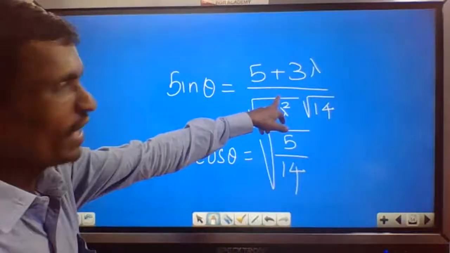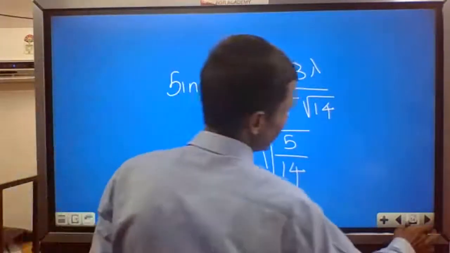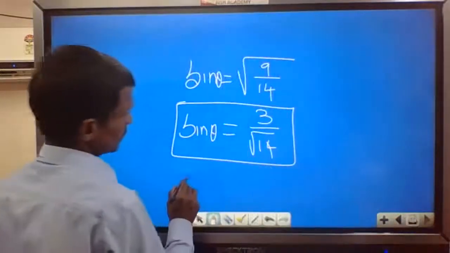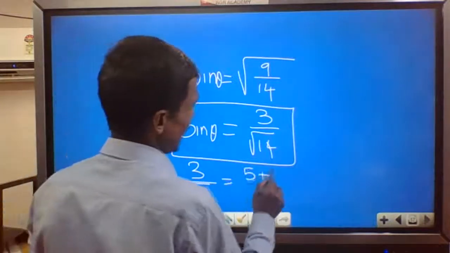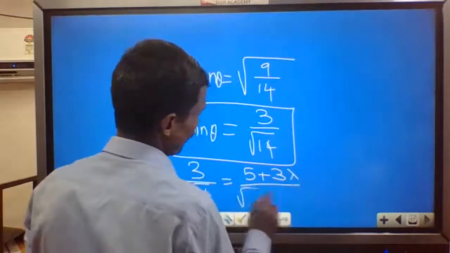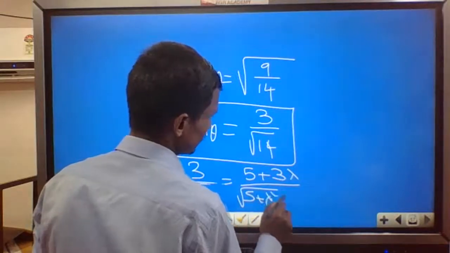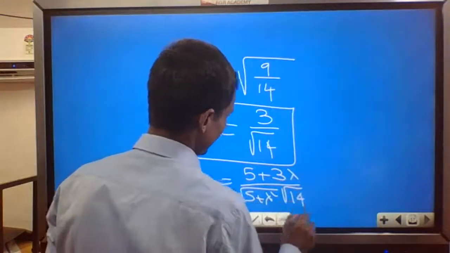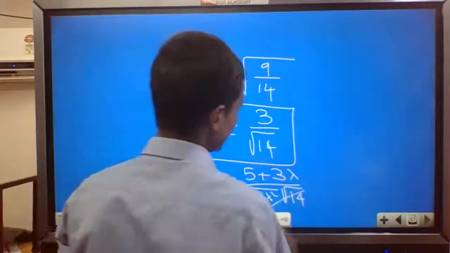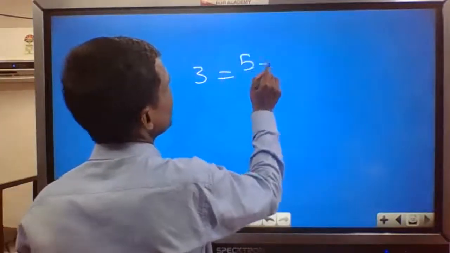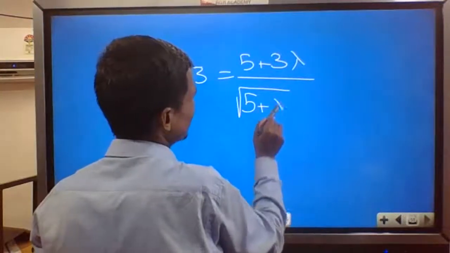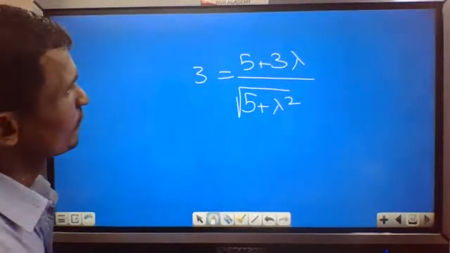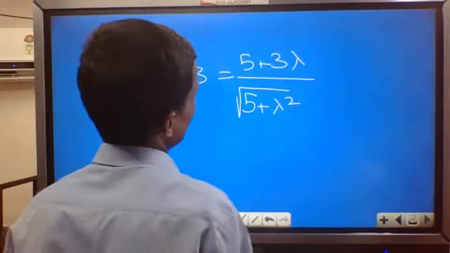The sin theta equal to what? 5 plus 3 lambda divided by root of 5 plus lambda square root 14, which equals 3 by root 14. Root 14 cancels on each side. So 3 divided by root 14 equals 5 plus 3 lambda divided by root of 5 plus lambda square.